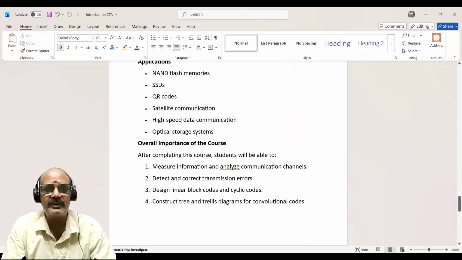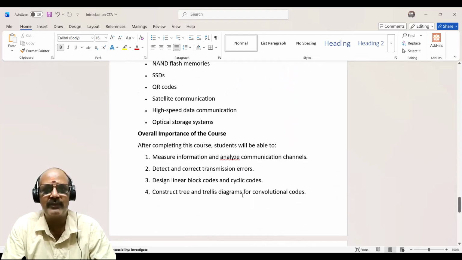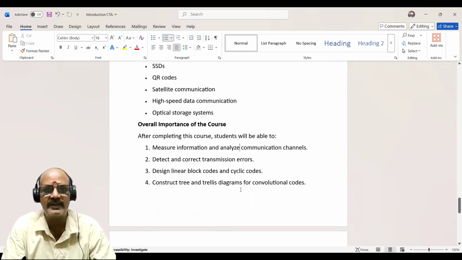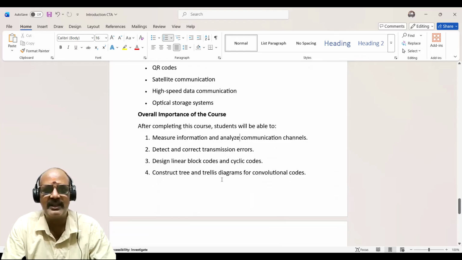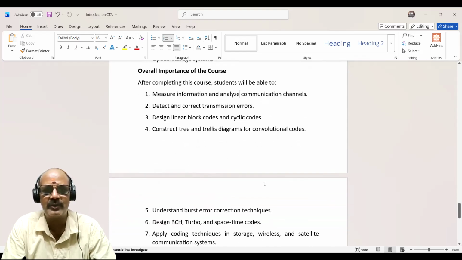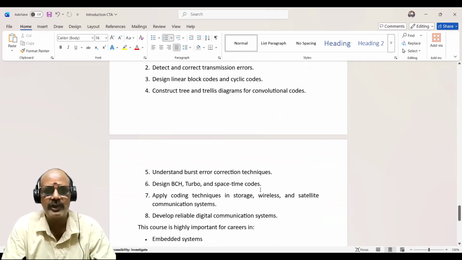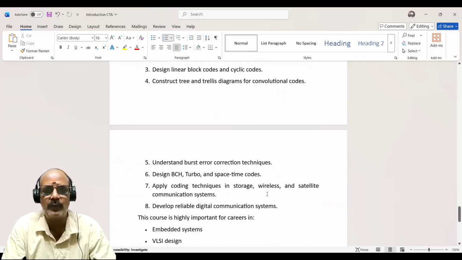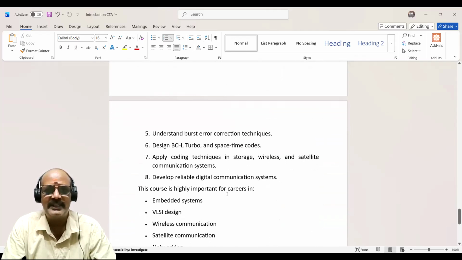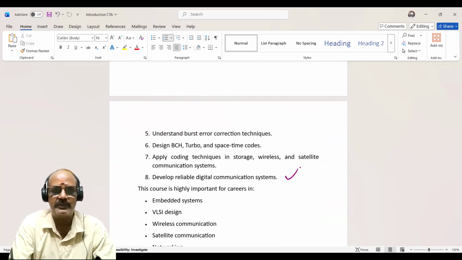The overall importance of this course: after completing this course, students will be able to measure information and analyze communication channels, detect and correct transmission errors, design linear block codes and cyclic codes, construct tree and trellis diagrams for convolution codes, understand burst error correction techniques, design BCH, turbo and space-time codes, apply coding techniques in storage, wireless and satellite communication systems, and develop reliable digital communication systems.